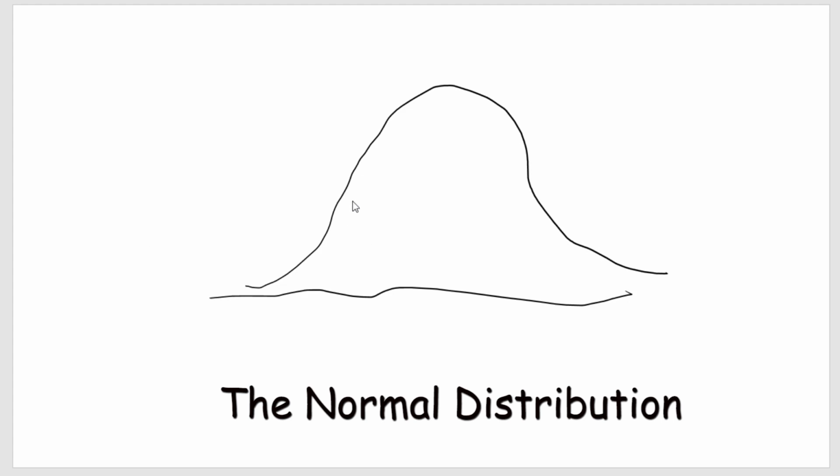The mean is found here at the center of our normal distribution, and this is what we call the mean, usually denoted x-bar.